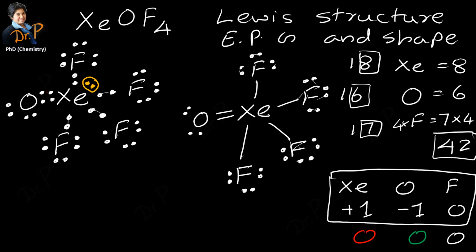Now let's find out how many repulsive units, how many VSEPR units, we have around the central atom. This is 1, 2, 3, 4, 5. So we have 5 repulsive units.